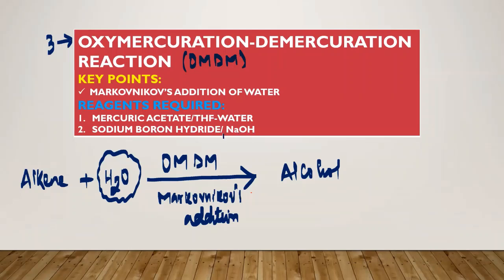Let us understand it in detail, but remember that we are doing addition of water as per Markovnikov's addition, and we will finally get an alcohol. Let's take one alkene, CH3CH=CH2.